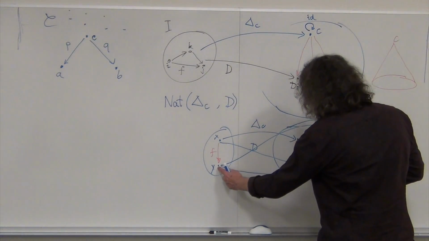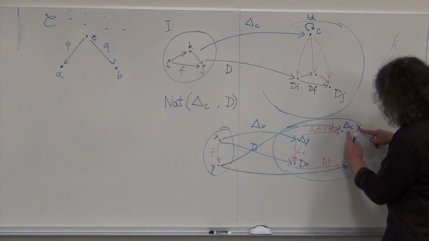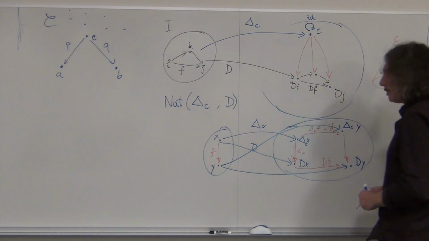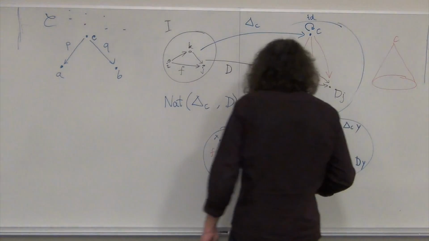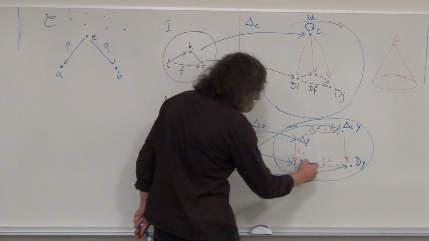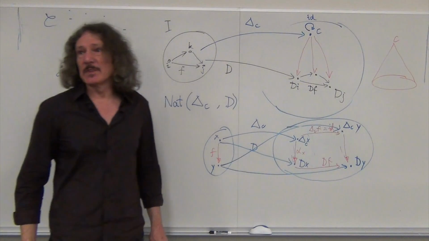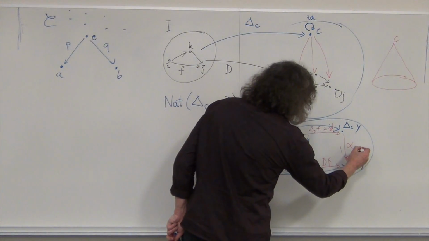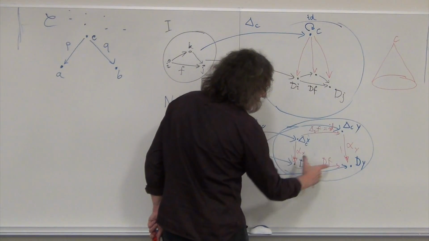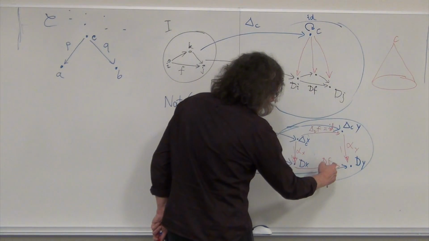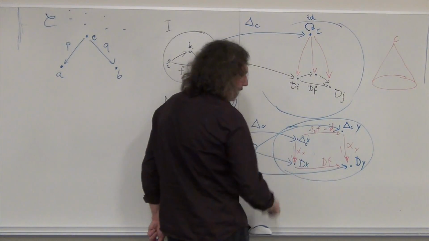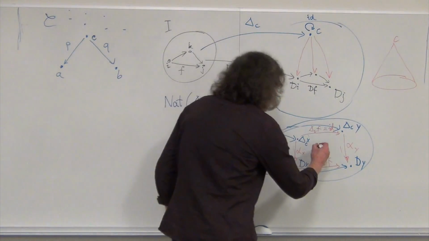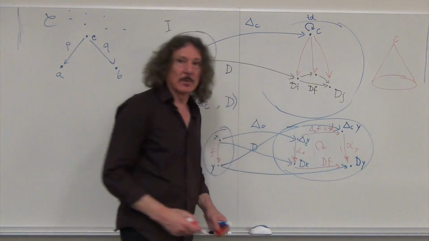And its component at Y maps delta C Y to D Y. So naturality condition just says we want these two paths to give me the same result. So this alpha Y after this should be the same as DF after alpha X, right? So that's naturality condition. This thing must commute.